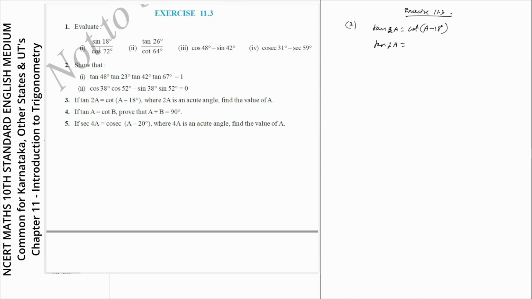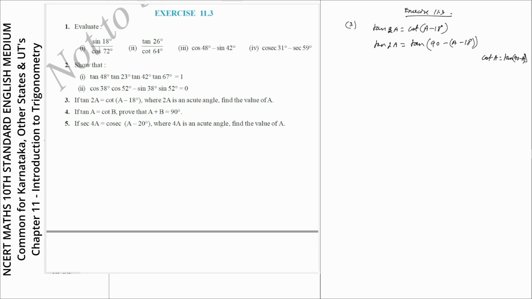Now in the right hand side I can write tan of 90 minus a minus 18, because cot of a is equal to tan of 90 minus a. Therefore right hand side I can write as tan of 90 minus of a minus 18.